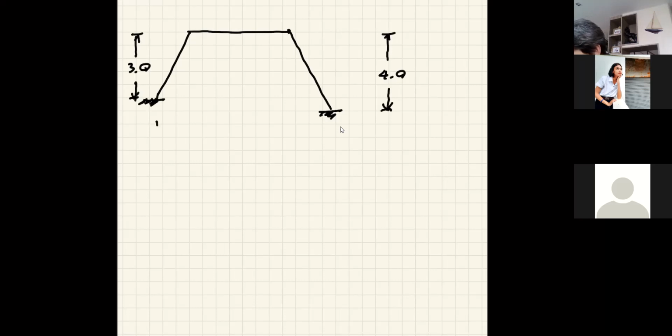This is 1.25 meters. This is 3 meters. And the length in between is 5. Anyway, it has a uniform load.